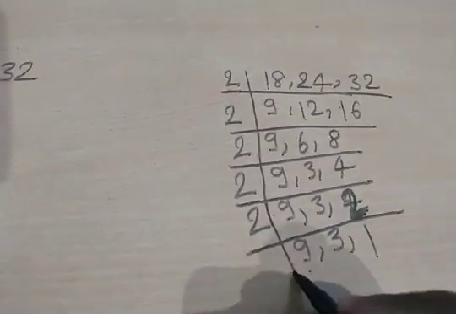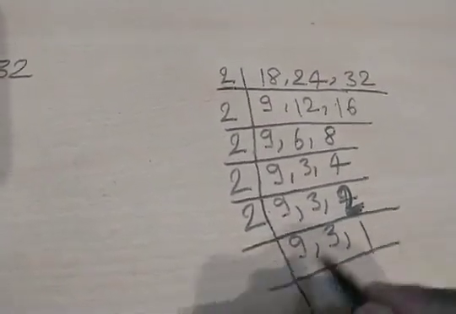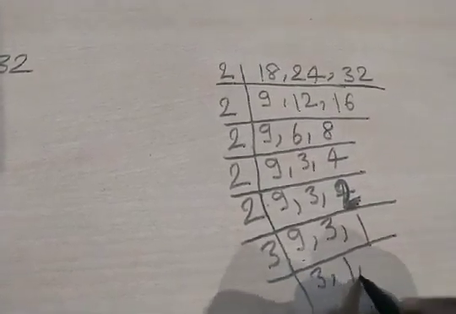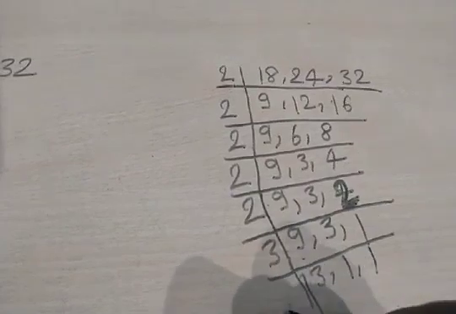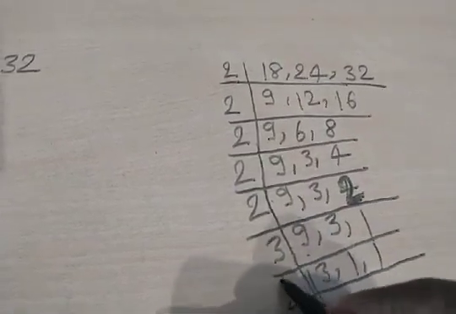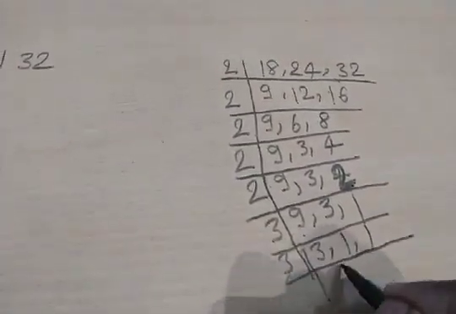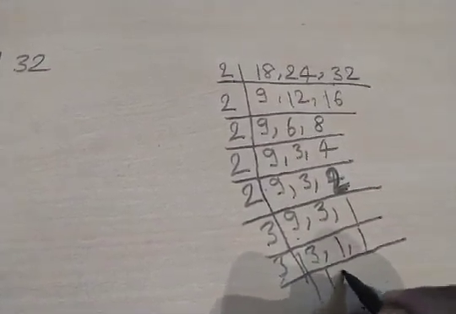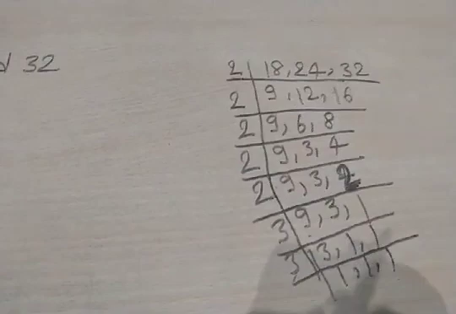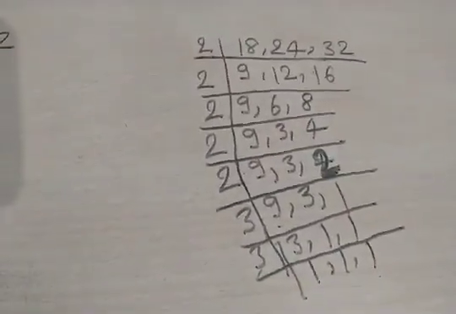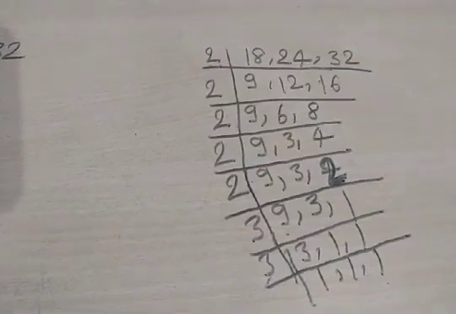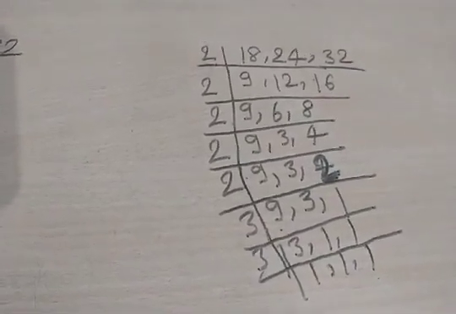Okay, now the next prime number is 3. So 3 nines are 9, 3 ones are 3, and 1. After this, 3 threes are 3, 1, 1. So LCM is the product of divisors. Our divisors are 2 and 3.